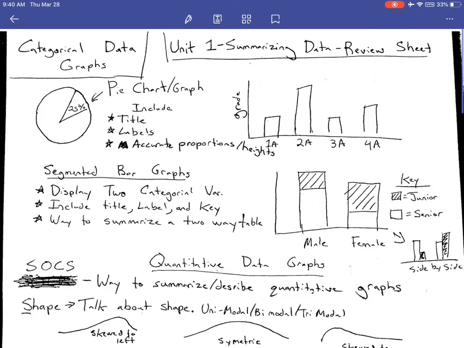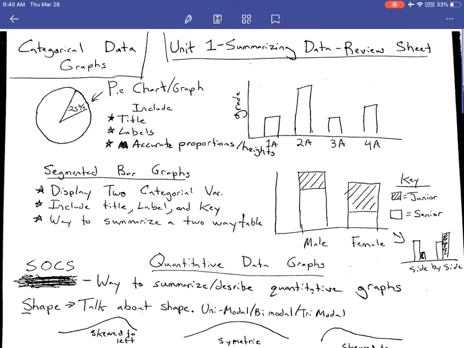So remember unit number one, which is basically how to explore and summarize data. We had two different types of data that we dealt with, which we've talked about for the entire school year. We have categorical data, which is where you're recording data where people get put into one or multiple categories. For example, are you wearing a red shirt? Yes or no. You're not given a number response.